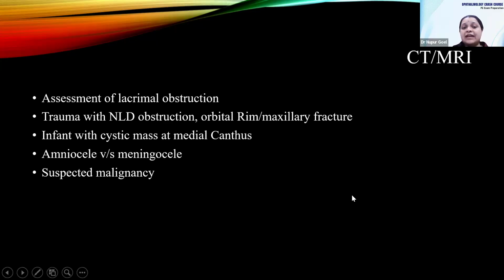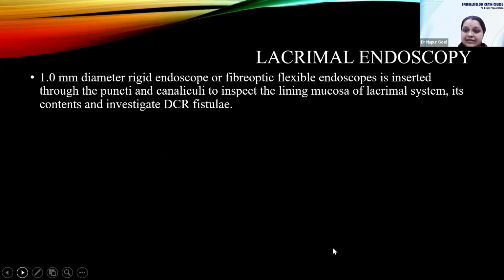So also one can request imaging for assessment of lacrimal obstruction. This is especially important in cases of trauma, to see if there's any bony chip which is blocking the nasolacrimal duct, in cases of an infant with a cystic mass at the medial canthus, amniocele versus meningocele, and any suspected malignancy. Also, a good test to have in your armamentarium is lacrimal endoscopy.